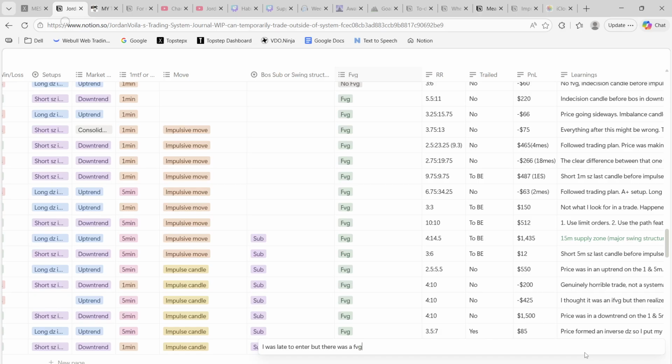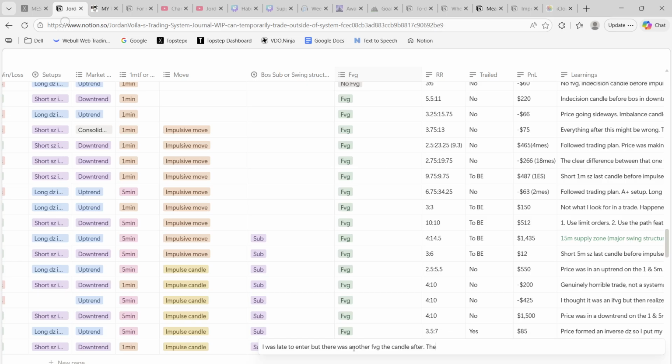fair value gap. Actually, no, it's so simple, but I'm trying to complicate it, but this is actually all it is. Well, I'm just trying to be as detailed as possible. I was late to enter, but there was another fair value gap after the candle after.